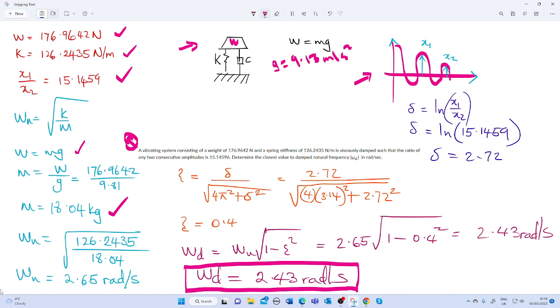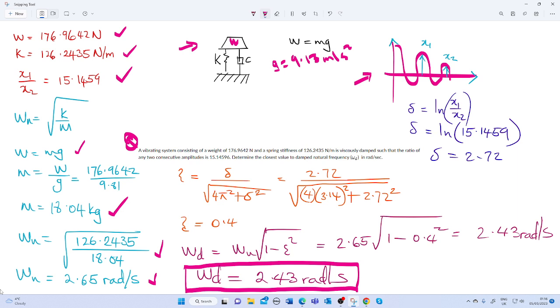Now that we have the mass of the body suspended on the spring and a damper, we can deduce that our ωn equals square root of k over m, which becomes ωn equals 2.65 radian per second.